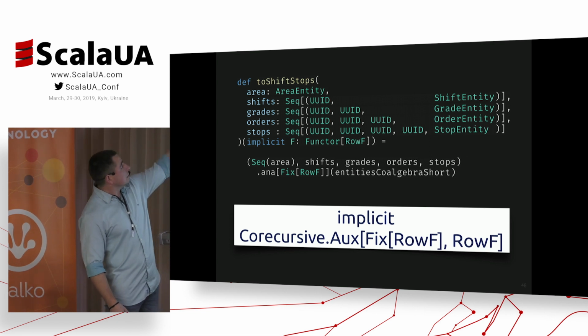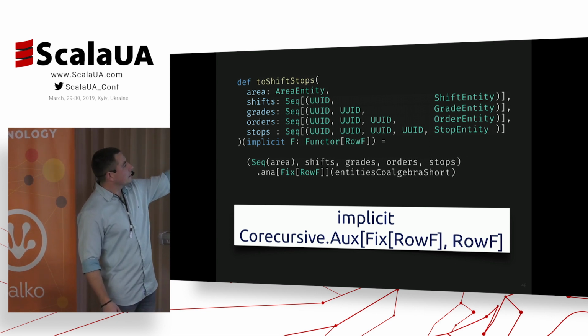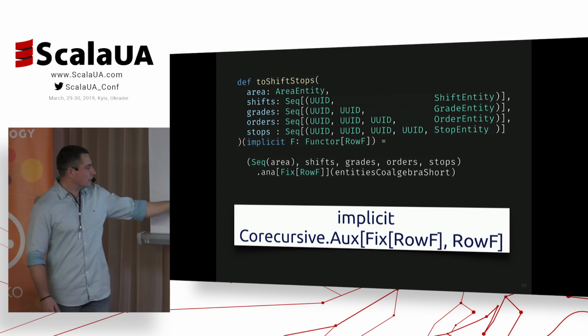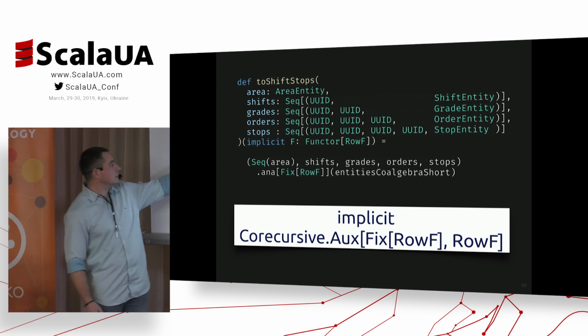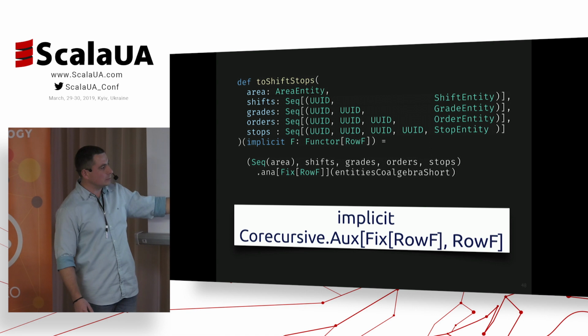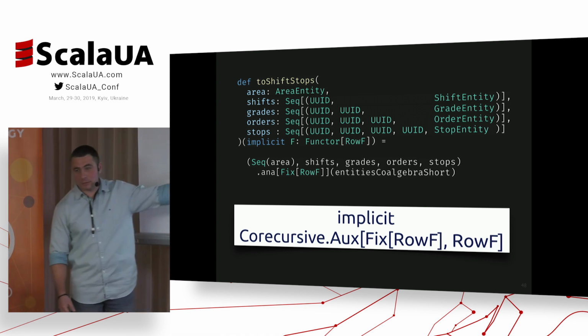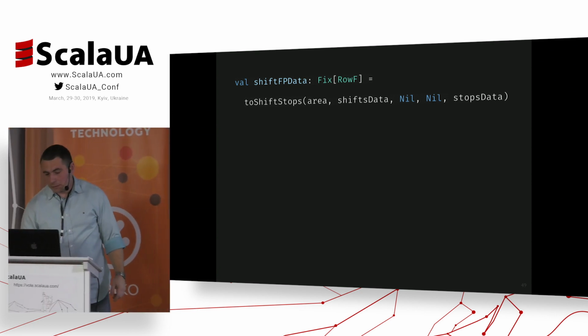We take the whole input, we apply an anamorphism to that, using the coalgebra we defined. This implicit conversion is provided by Matryoshka so that we can call anamorphism on our input type. Okay, and that's it.